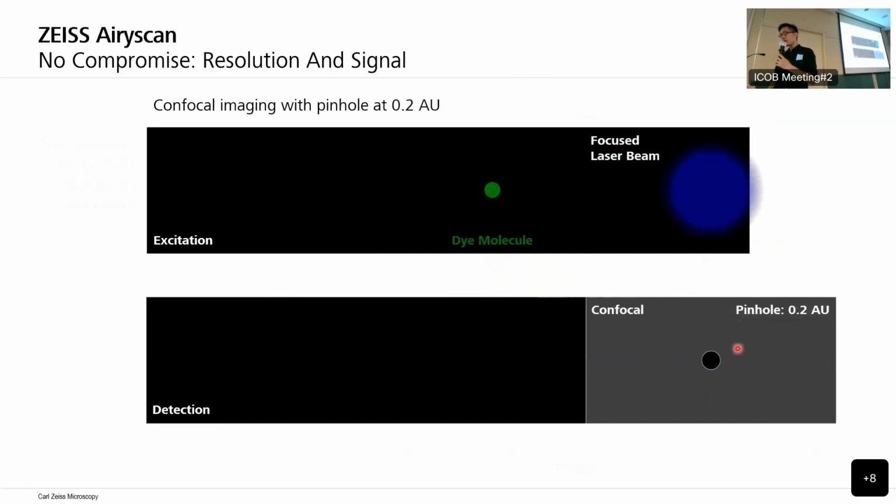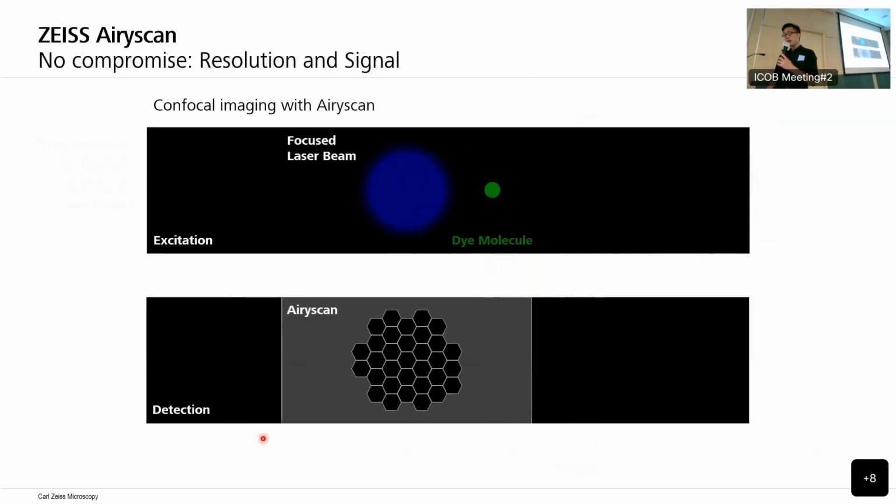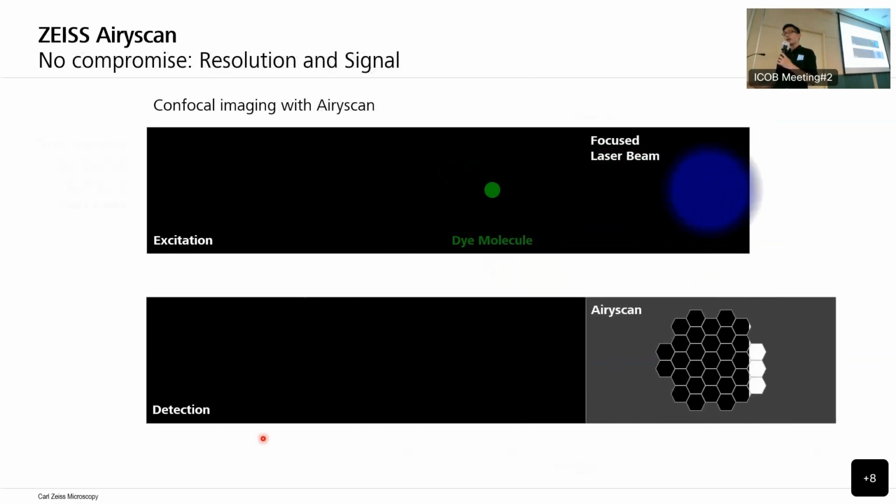With such a small pinhole, we lose a lot of energy here. And this is the Airyscan array detector. By using the array detector, we actually collect all the signals, but at higher resolution.